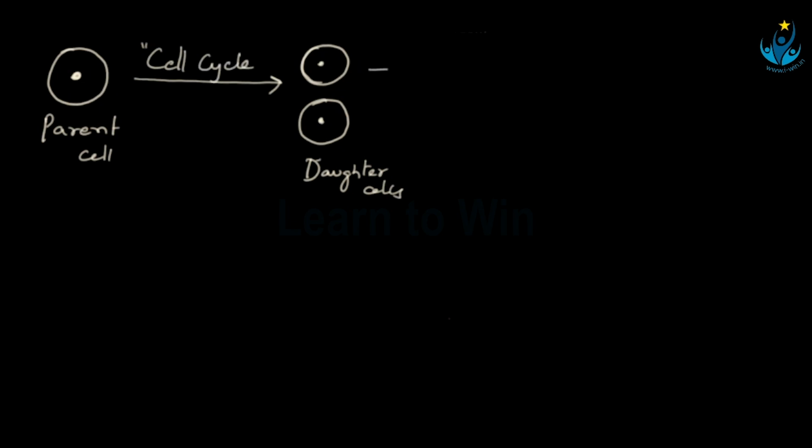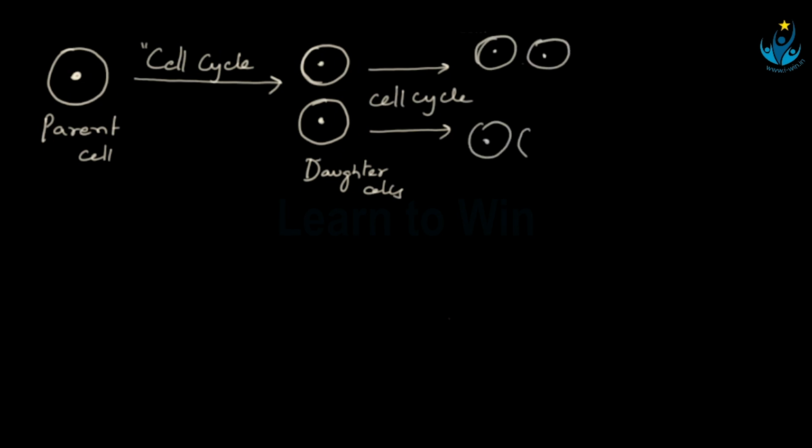And then each daughter cell will have its own cell cycle again to further form daughter cells. Cell cycle is a continuous event and it happens in each and every individual cell.